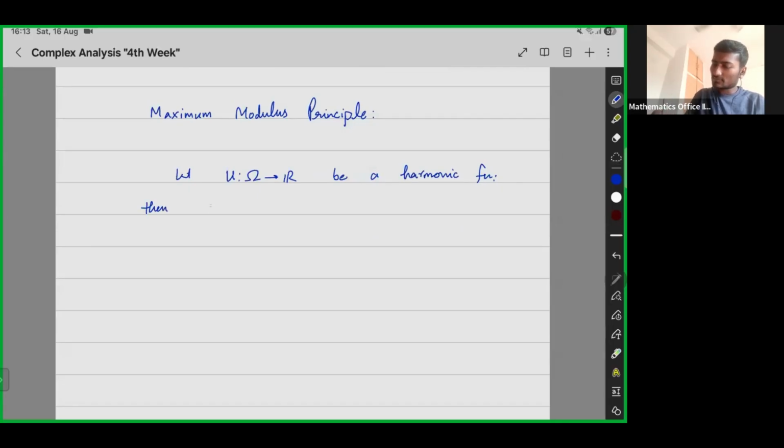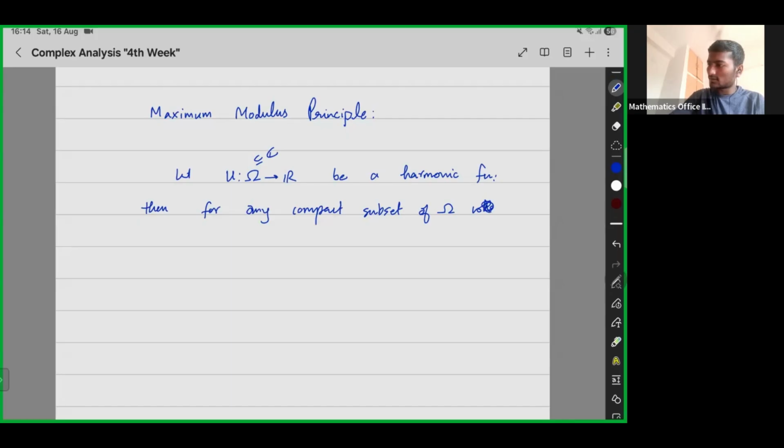Then for any compact subset K of omega, where omega is a subset of the complex plane, open and connected, though here it is not necessary to be connected, we have the supremum over z belonging to K of u of z equal to the supremum over z belonging to the boundary of K of u of z.